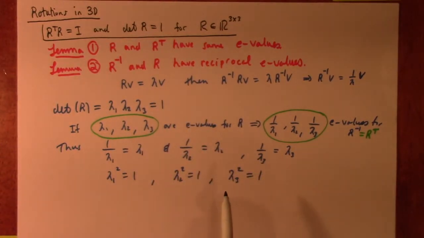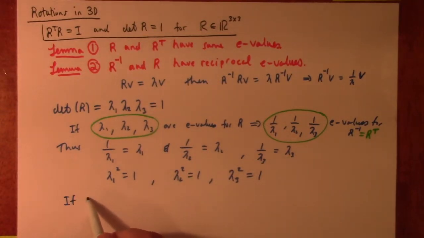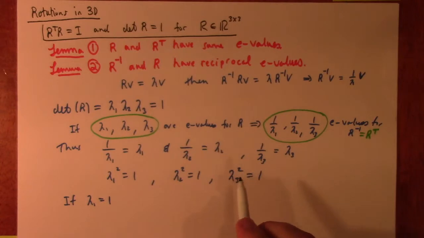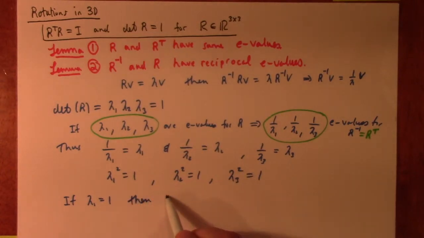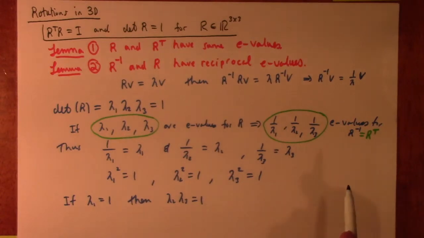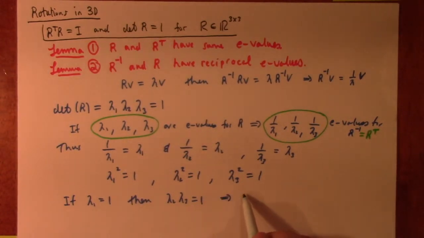So what are the possibilities? Well, let's just start working it out. If lambda 1 is equal to 1, then lambda 2 times lambda 3 is equal to 1, right? So only real solution will be lambda 2.